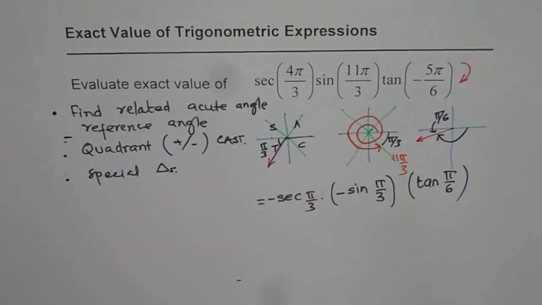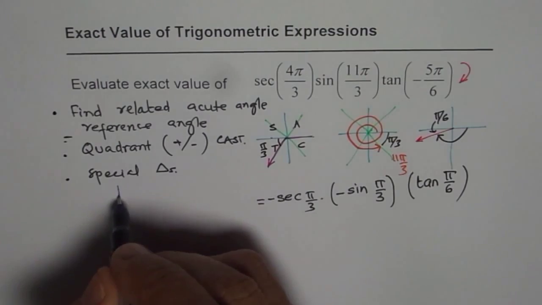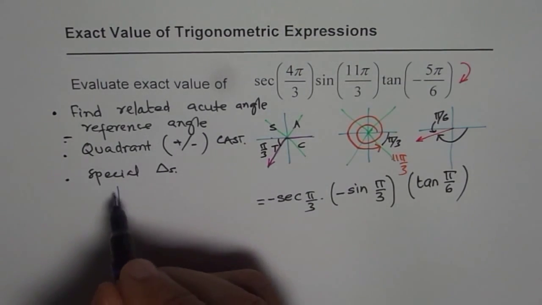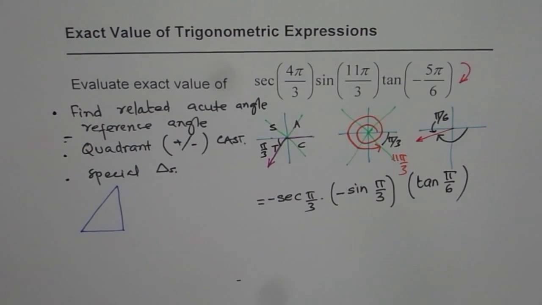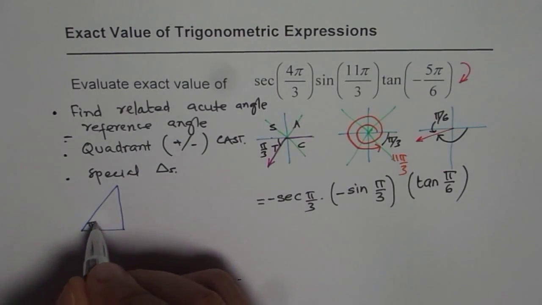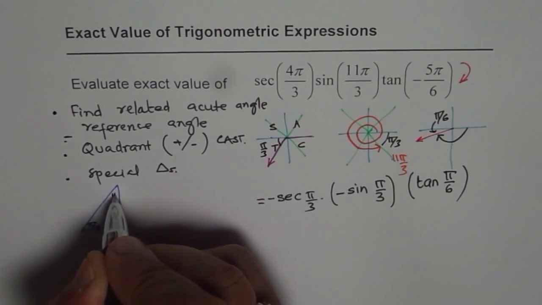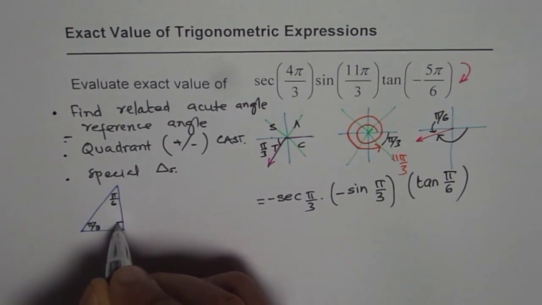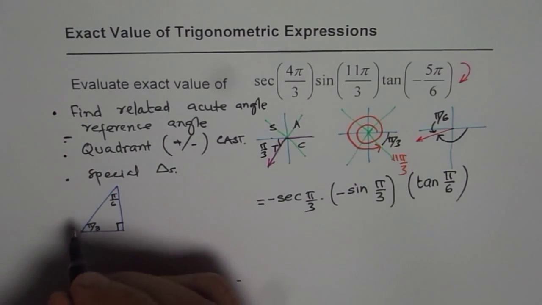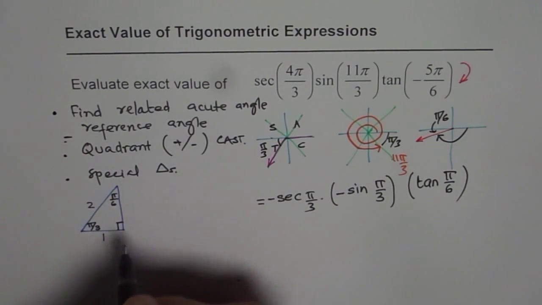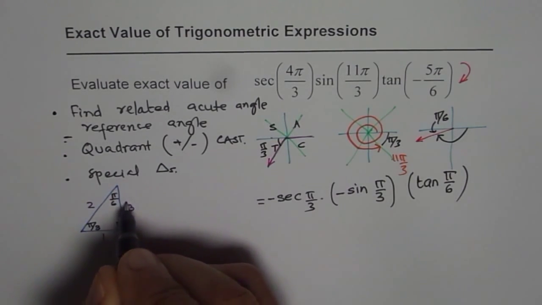Now to find the exact value, we need to draw the exact special triangle. So we need one special triangle, and this one is pi by 3, the 30, 60, 90, or pi by 3, pi by 6, pi by 2 triangle. Here the sides of this triangle are: the hypotenuse is twice the adjacent side, and this is square root 3.